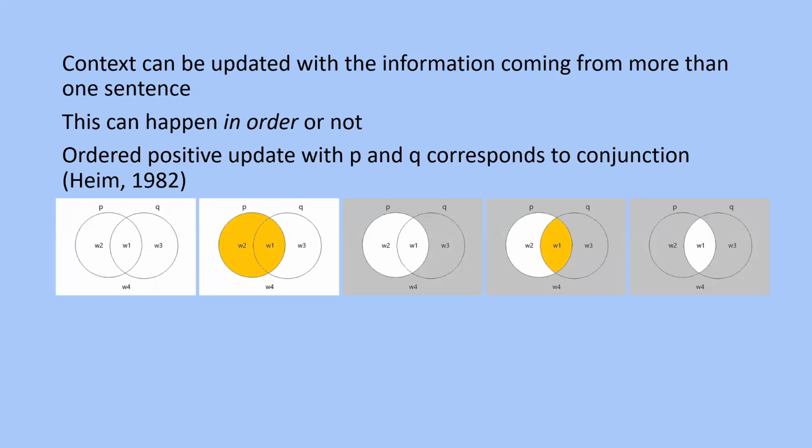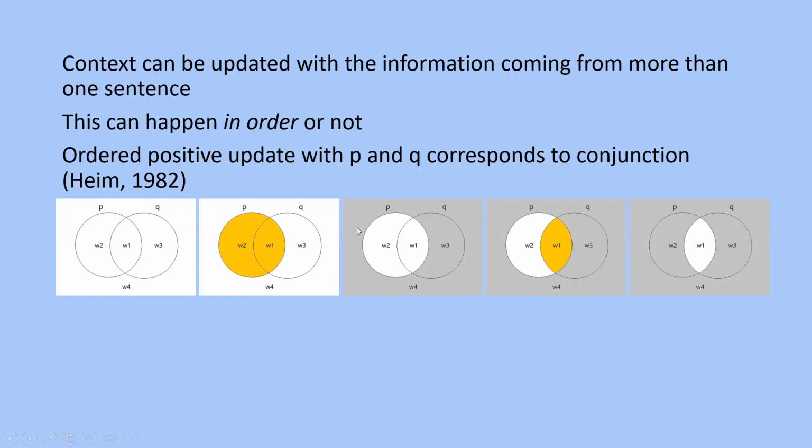Here's an illustration. The series of pictures really represents the procedure, the algorithm that corresponds to the computation of conjunction. We start with our initial context of 4 possible words. Then P is accepted, so the proposition P gets colored orange.